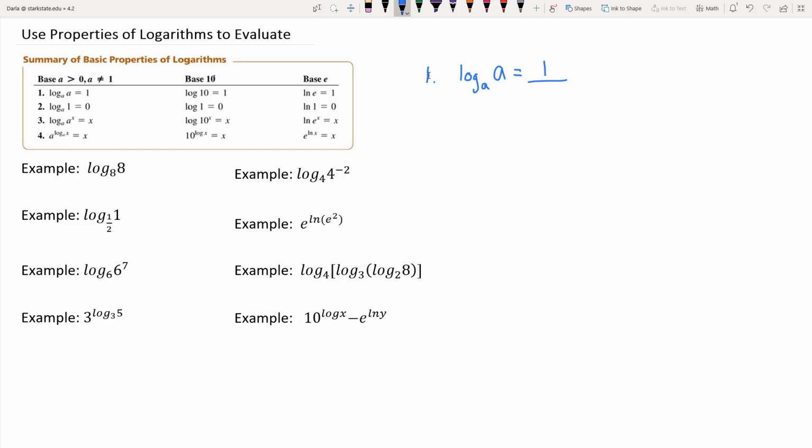The other is, I'll just show it this way as well. This a, we don't see a power on it, but the power is understood to be 1. And then we have a logarithm base a, and then we have this exponential base a. Well, logarithm base a and exponential base a are inverses. So in a sense, when you compose them together, they undo each other, and you'll be left with your x.